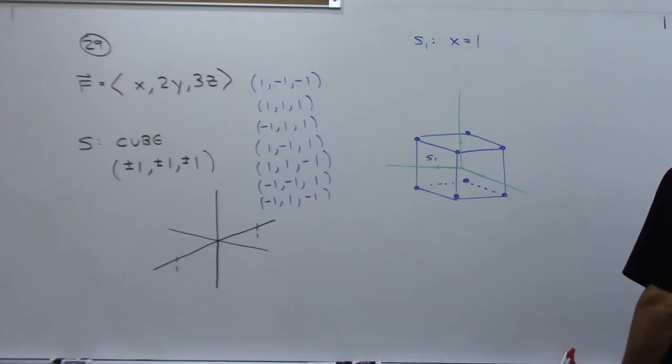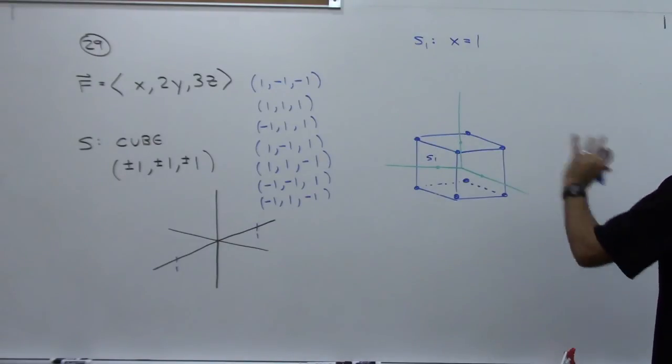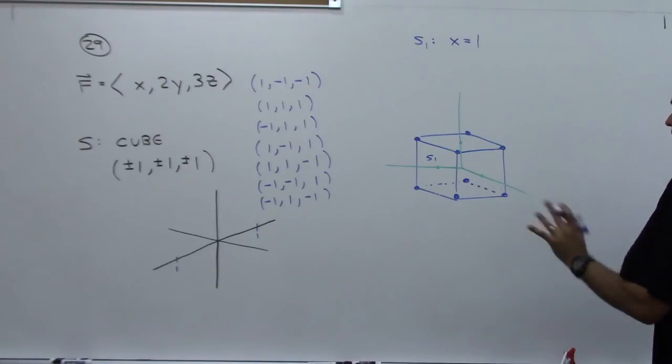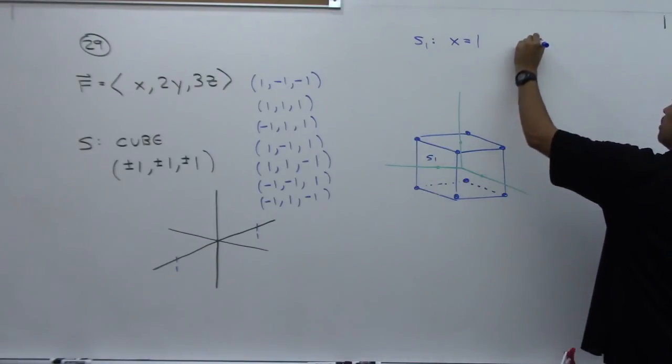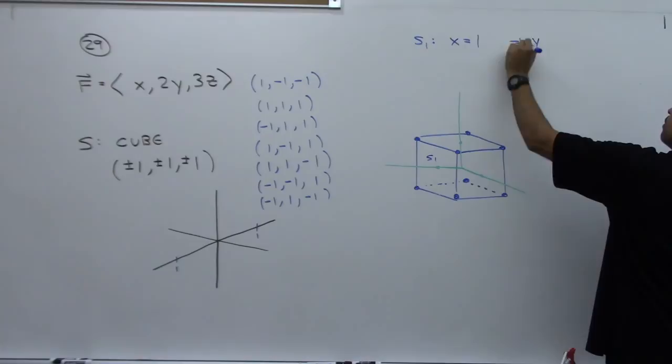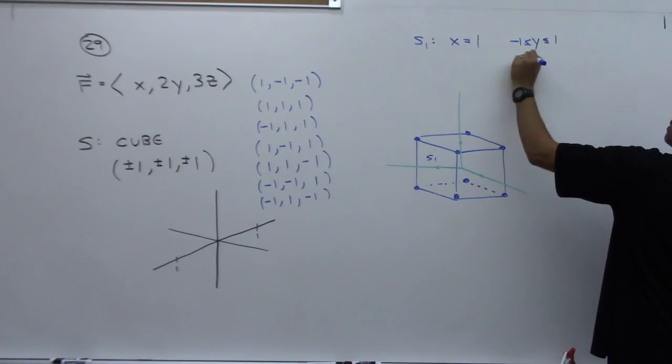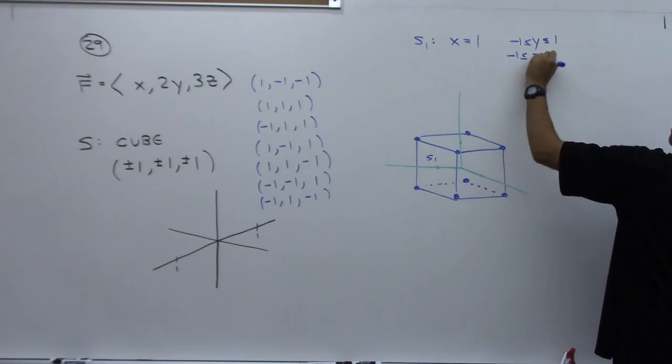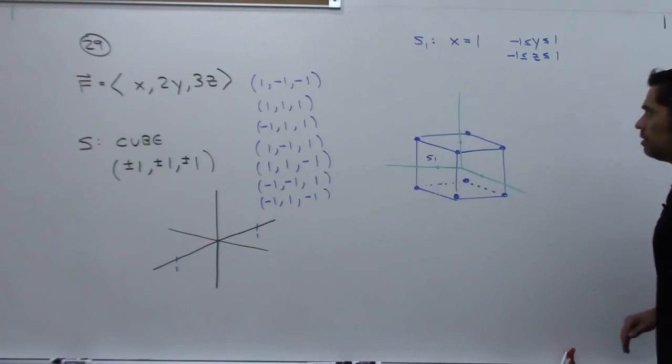So x is 1, and then we have restrictions, which we could set up. I'll do it just for this first one. Y is between negative 1 and 1. Z is between negative 1 and 1.